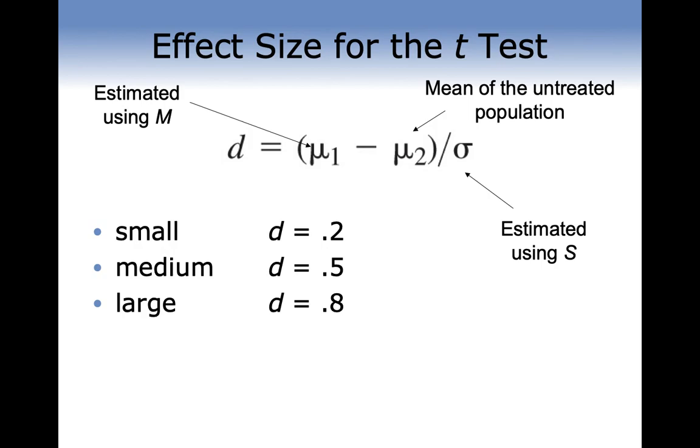All right, so this is the general formula, but we of course don't know what the population mean in our treated population is, so we use our sample mean as an estimate of the mean of our treated population. Okay, mu2 would be the mean of our untreated population, and then sigma is the standard deviation of the population, which is estimated using our sample standard deviation. And then these are some conventions for interpreting whether we've got a small, medium, or large effect size.